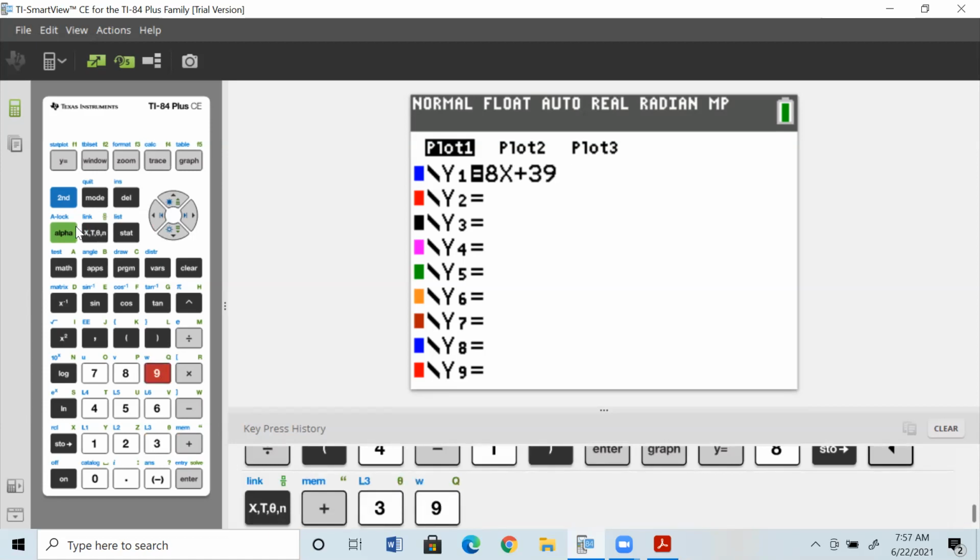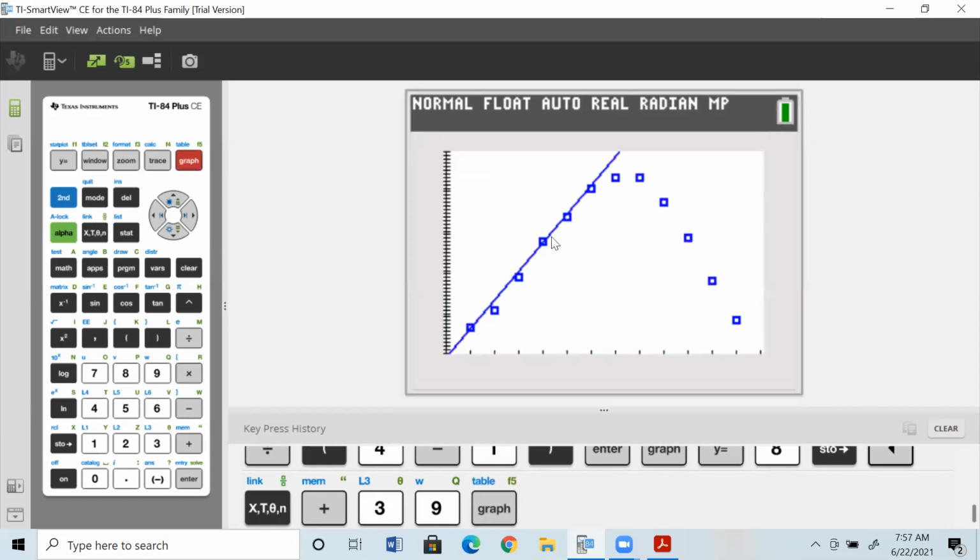The X button is located to the right of your alpha key, or the green button on your calculator. You can go ahead and press graph. And now we can see we found the line that goes through just January's point and April's point.